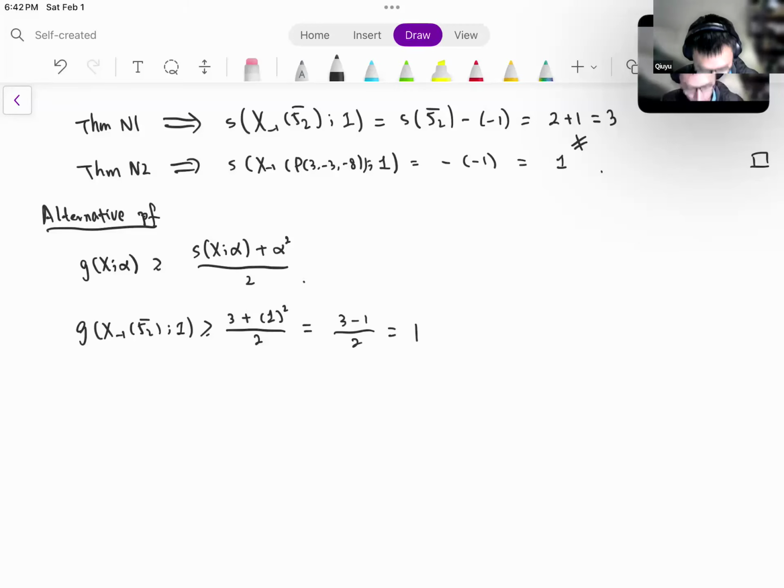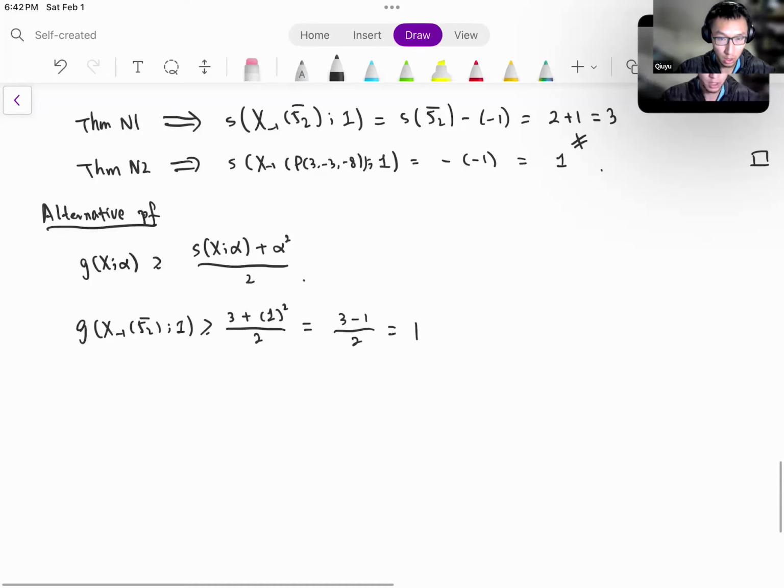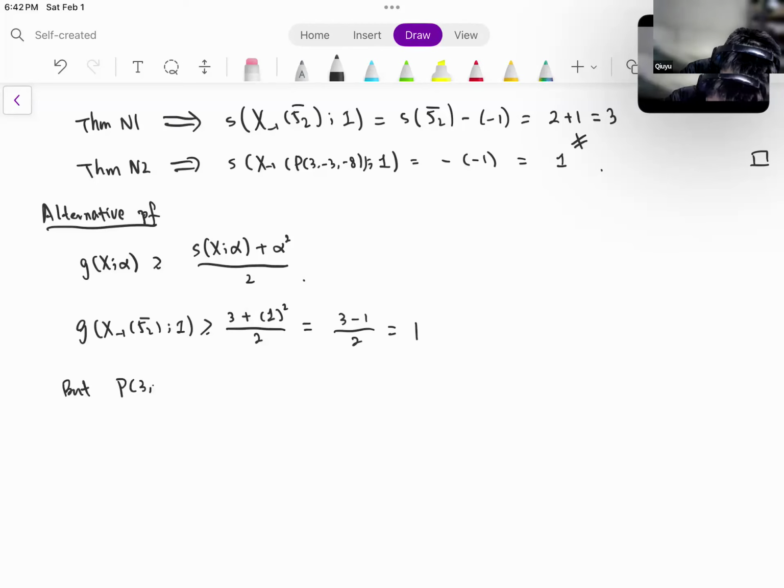So this right-hand side turns out to be 1, which means that I cannot represent a primitive class in this four-manifold by a smoothly embedded two-sphere. But on the other hand, this second knot P(3,-3,-8) is nice.